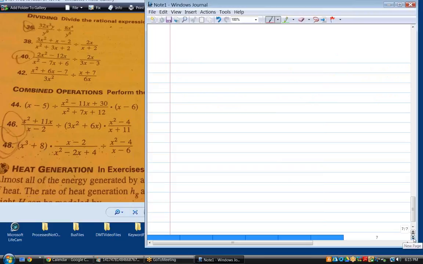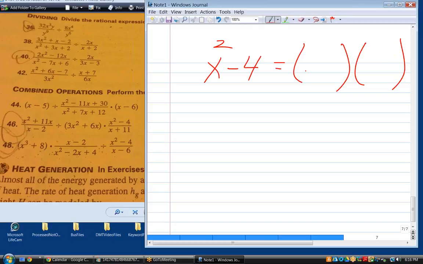Now, just a second ago, let's go back a step. What is that equal to? X plus 2 and x minus 2. Even though it's the same as this, I prefer to memorize it this way. Alright. You know why? Because when you get to 48, you've got the sum of cubes.